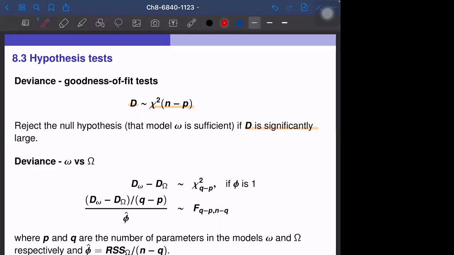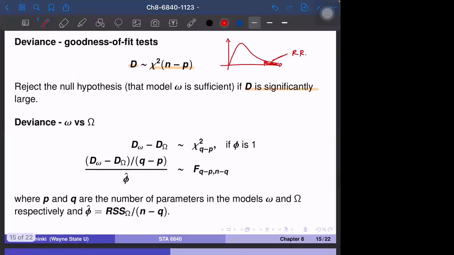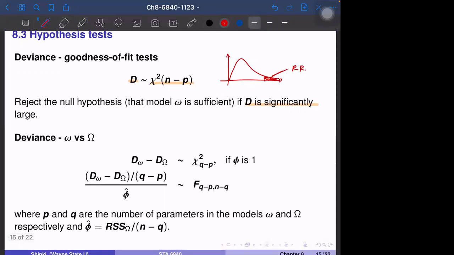So we have the chi-square distribution, and this is the distribution of D. Then the upper tail part is the rejection region. Okay, and so this can be used for the goodness of fit test.